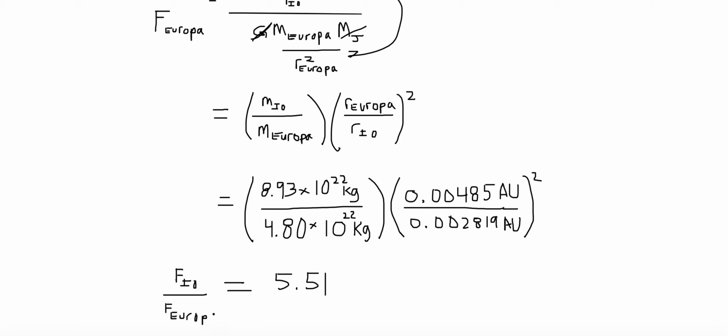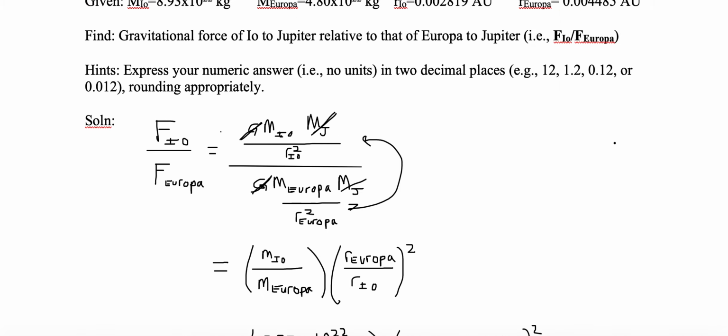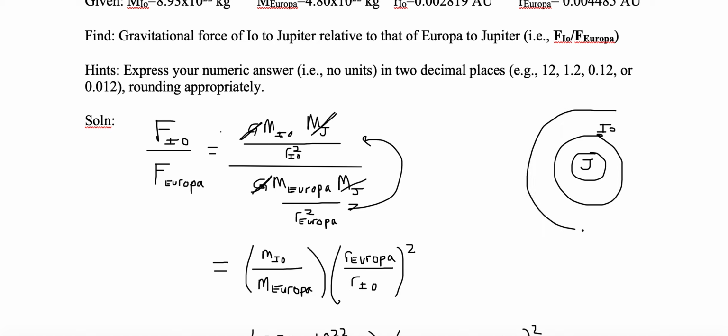So let's take a look at a little diagram of this system. If Jupiter is in the center, and of course this is not going to be drawn to scale, we can put Io in its orbit. So we'll put a little moon here and call it Io. And then further out is another Galilean moon orbiting around Jupiter, and that one is Europa.